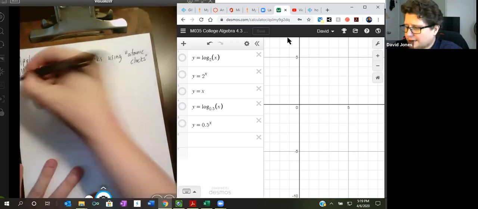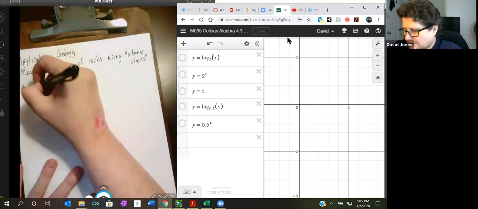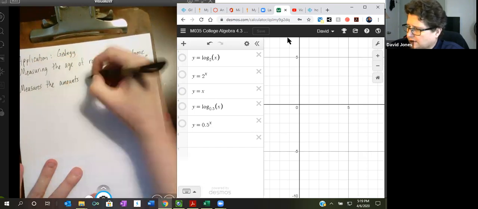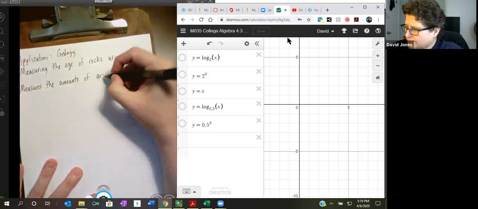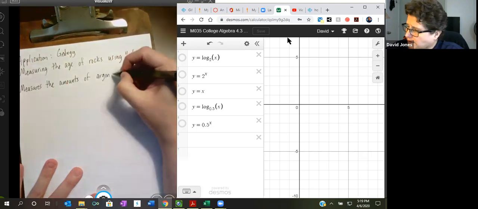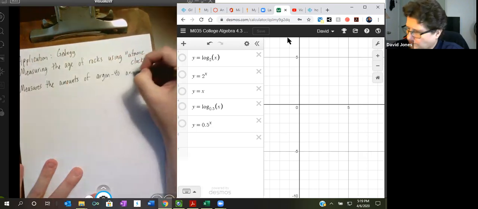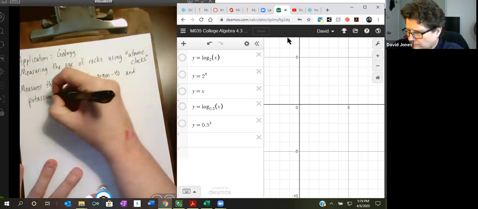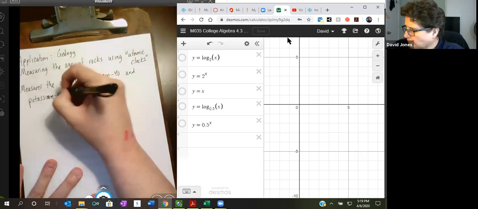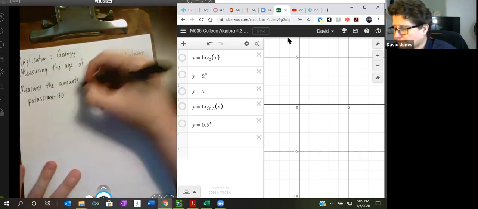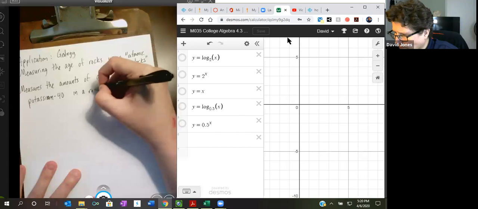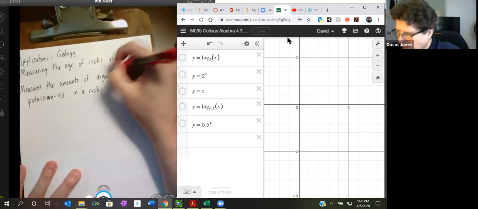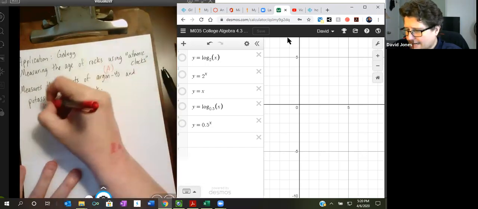What it does is it measures the amounts of argon 40 and potassium 40 in a rock. Now, argon goes by A. Potassium is K.